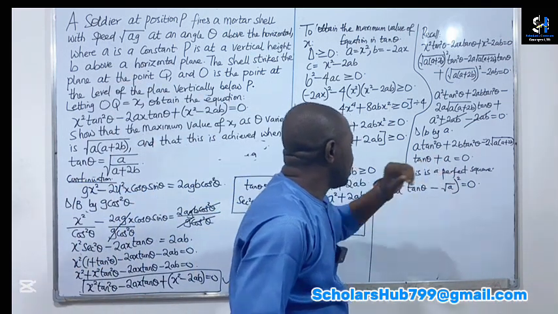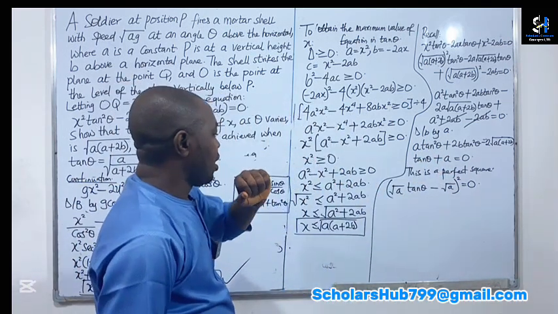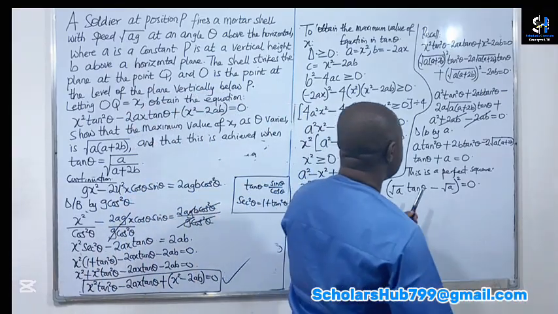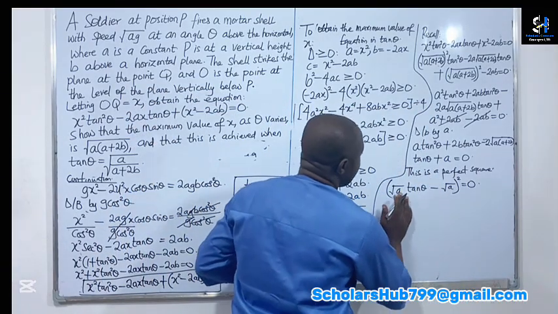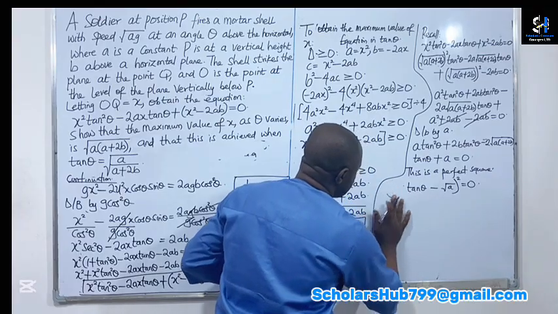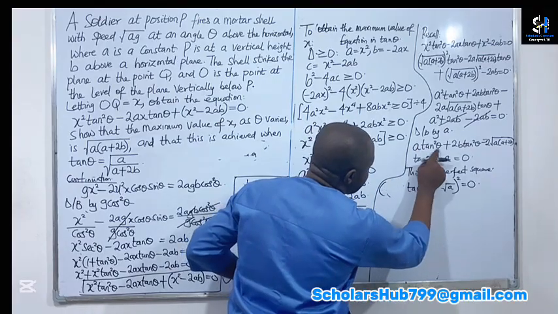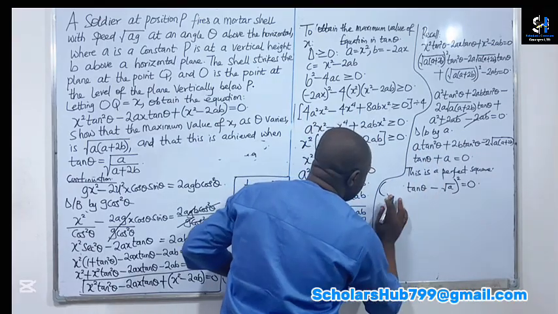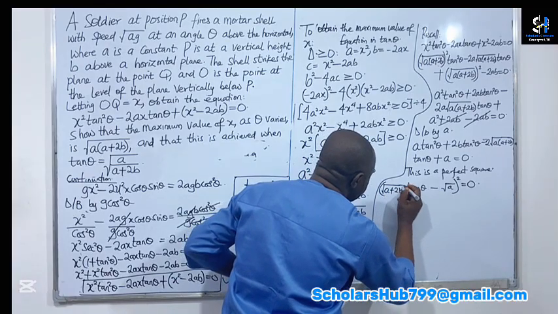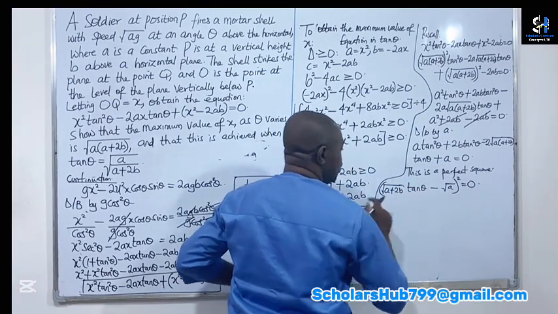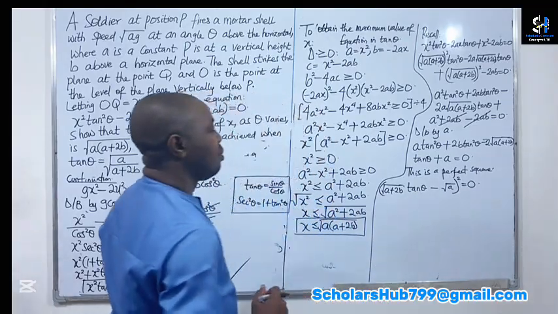These two are together, so this will be tan squared theta. This will be a plus 2b, because we have a tan squared theta plus 2b tan squared theta. So this will be root a plus 2b tan theta, then minus root a.